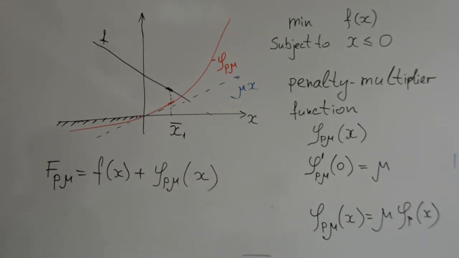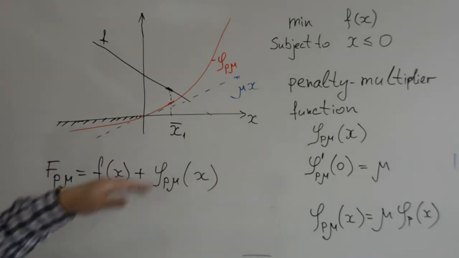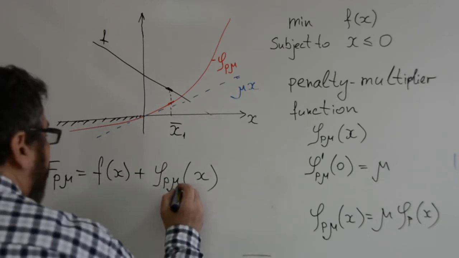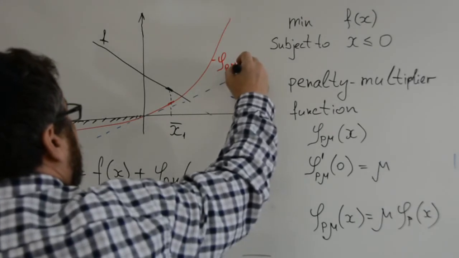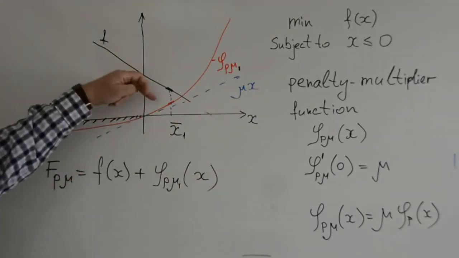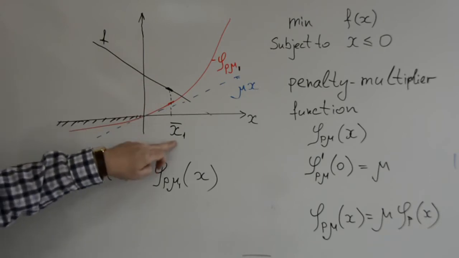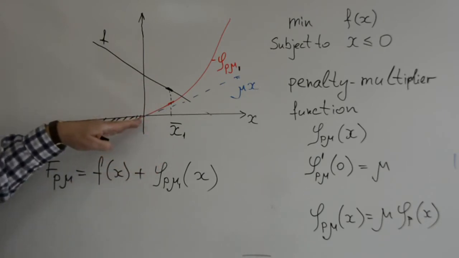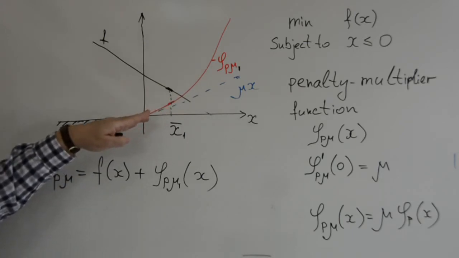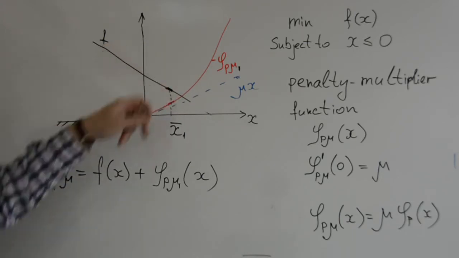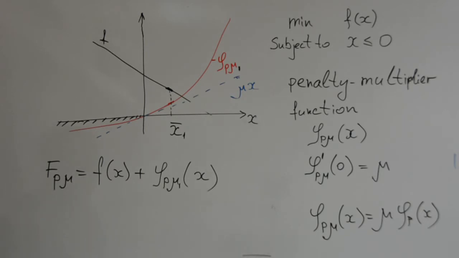Okay, so we minimize it with some parameter mu1, and get its minimum at point x1. So at this point, the positive derivative of penalty is the same as the negative derivative of objective, in order to have a total derivative 0.